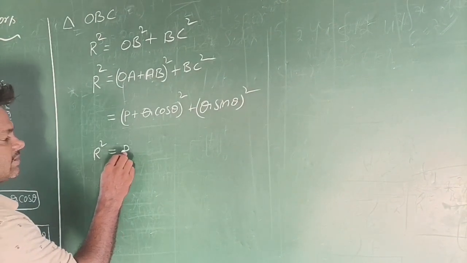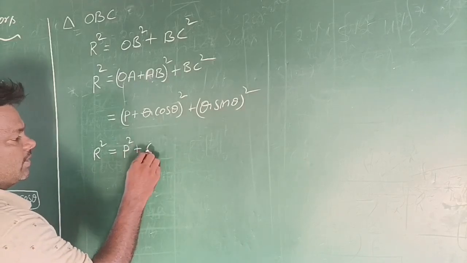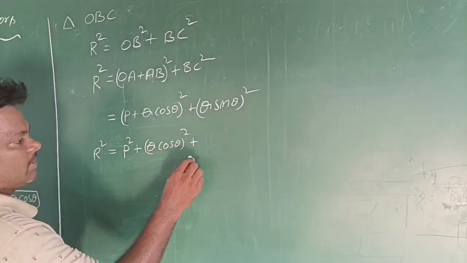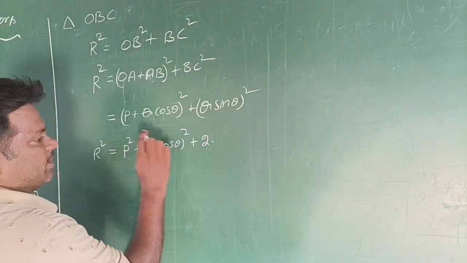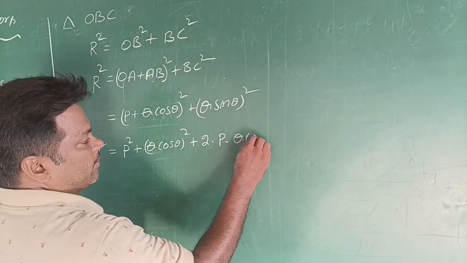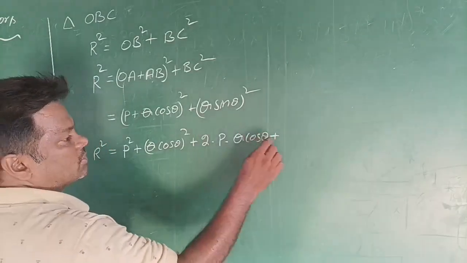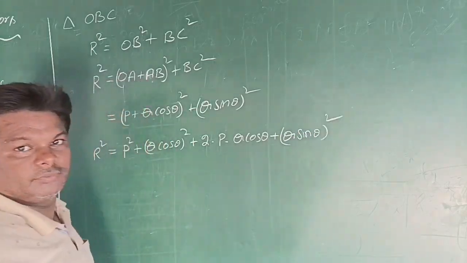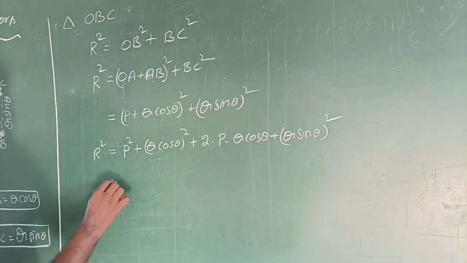A square means P square, plus B square, Q cos theta whole square, plus 2AB, that is 2 into P into Q cos theta, plus Q sin theta whole square. This is what we are getting.